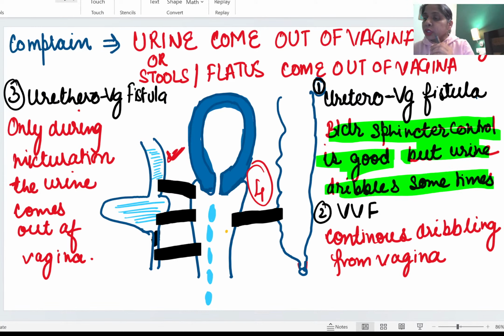Okay, because you all know that bladder sphincter control is with the external urethral meatus. See, here lies the external urethral meatus. So bladder control is hampered in vesicovaginal fistula, otherwise it is not hampered.